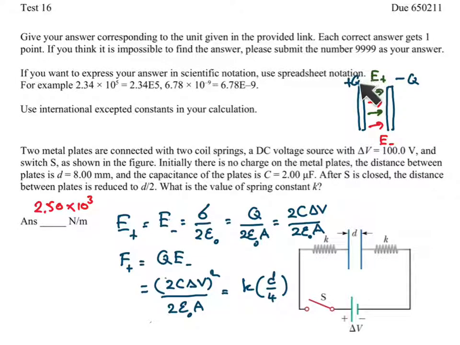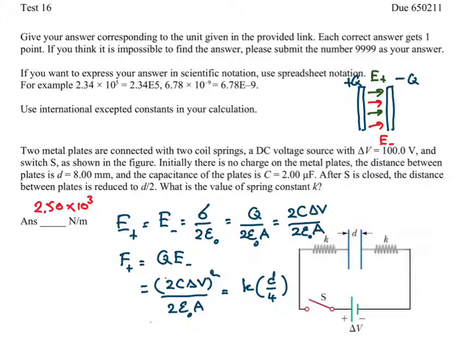Which means that the electric field from the positive charge will not interact with itself. We cannot have self interaction between the electric field and the charge. If a charge produces an electric field, that field will not interact with itself.